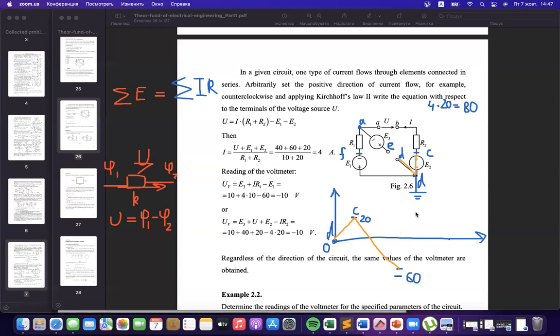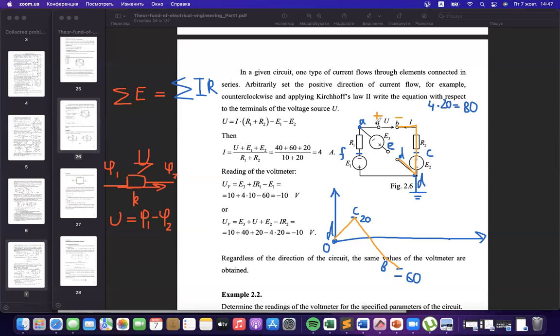It is point number B. Potential decreases. Then we have a voltage drop from A to B. That means the voltage decreases from A to B as a potential difference here.